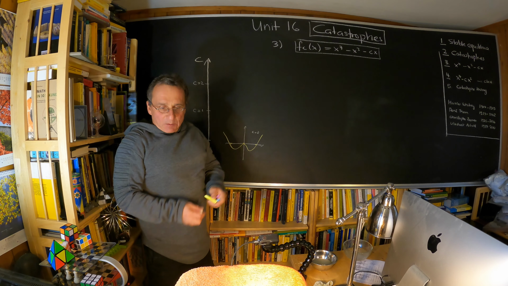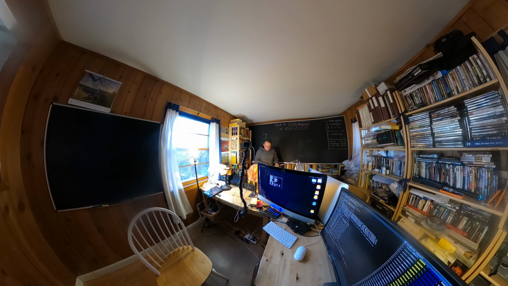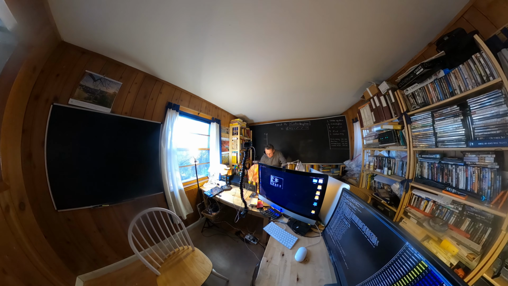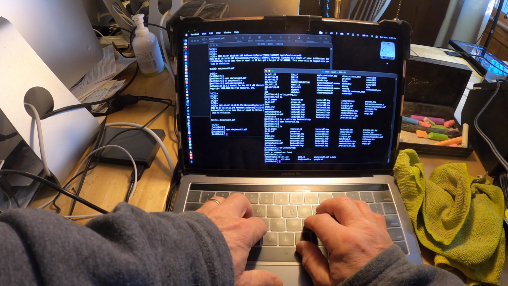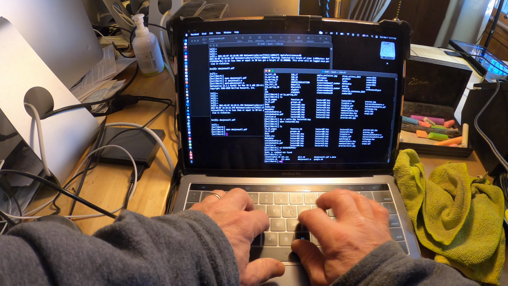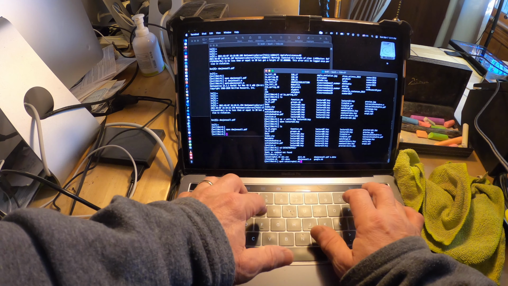Now at c is equal to 1, it's better we take a computer. I have here my laptop camera, and I have a Mathematica notebook.